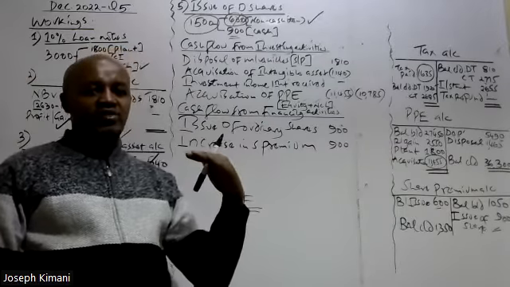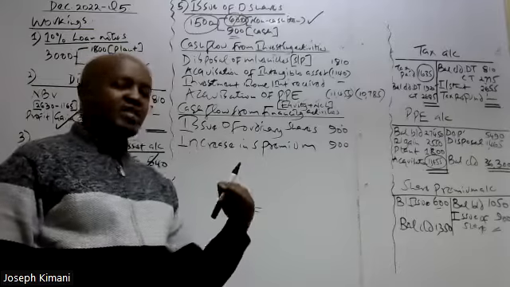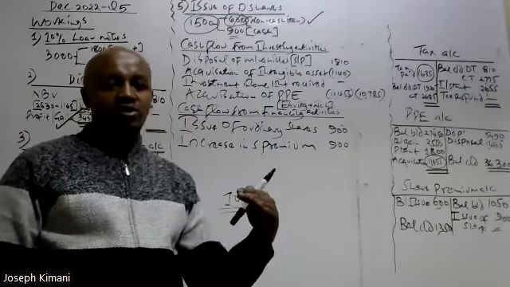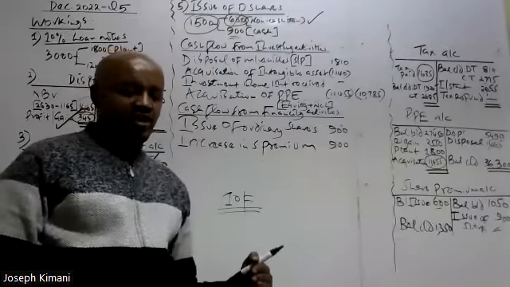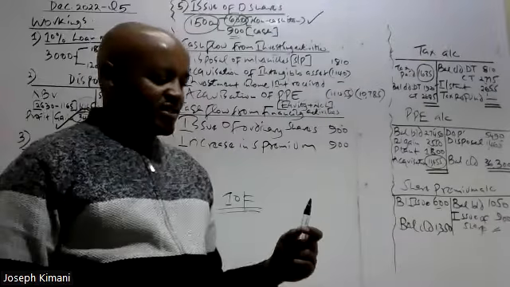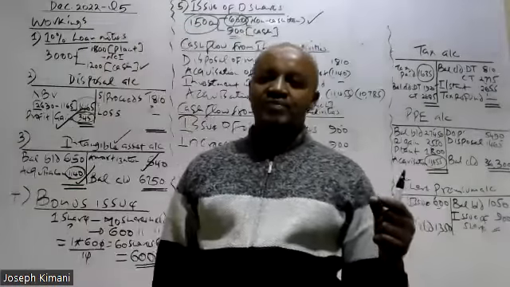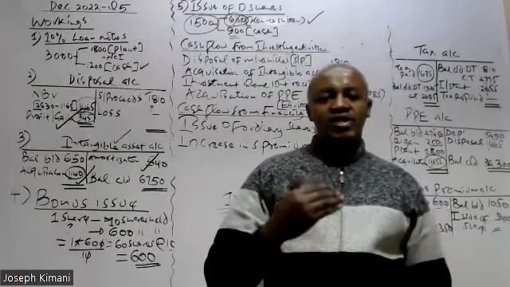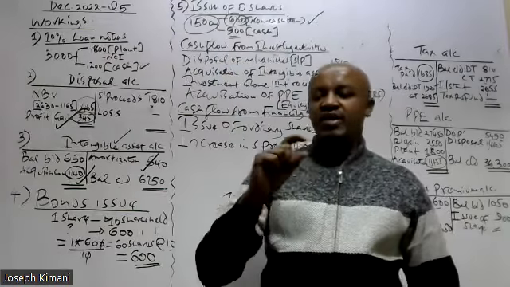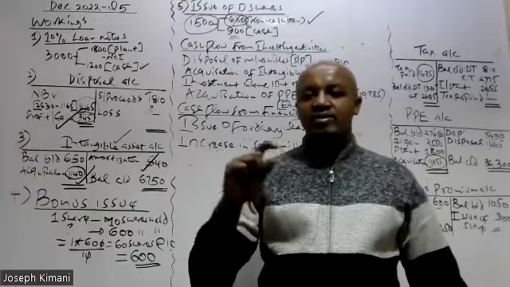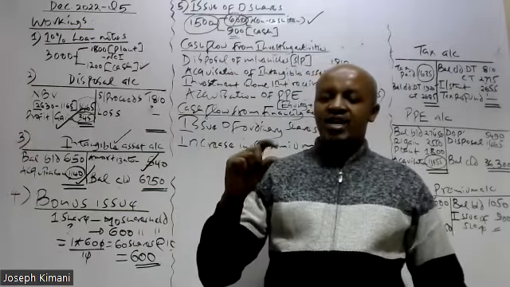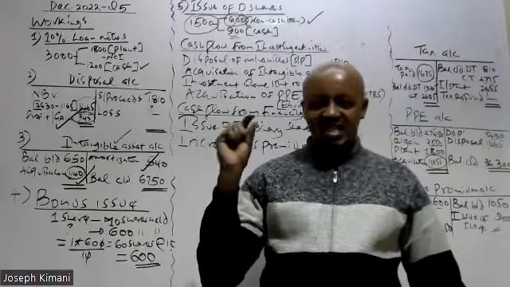So once the shares are issued at a premium, they are issued at a price which is above the par, the nominal, or the face value. And the requirement of the law is that once the company has issued the shares at a share premium, an amount equal to the share premium must be transferred to an account called the share premium account. The reason for that is for the share capital of the company to be maintained.